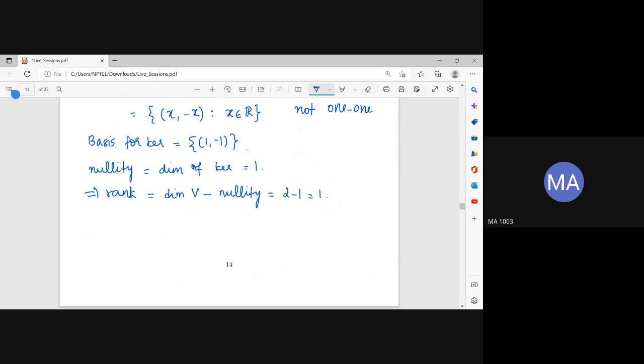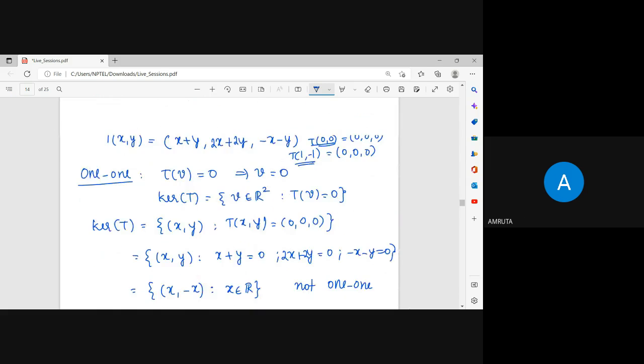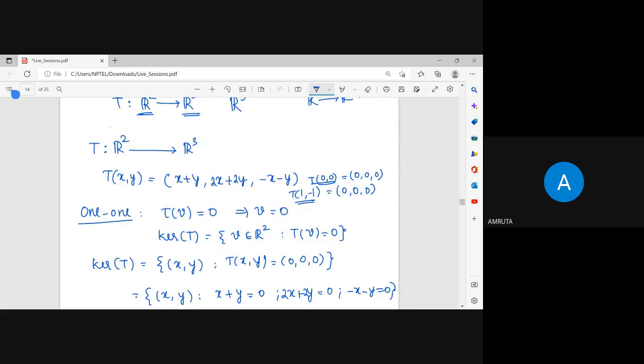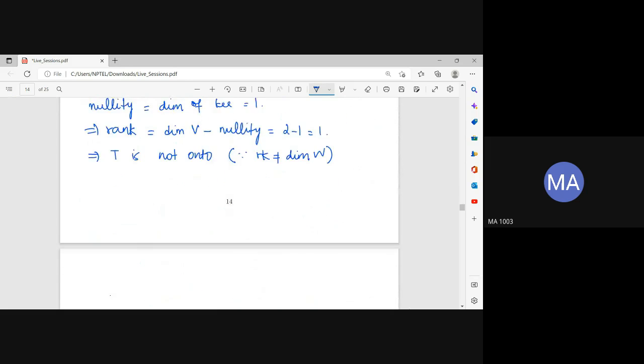Can the map be onto? No, ma'am. Why not? Because rank is not equal to the dimension of V. There would be some elements of the codomain that we cannot map to.